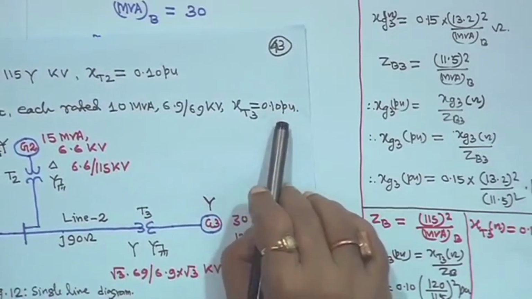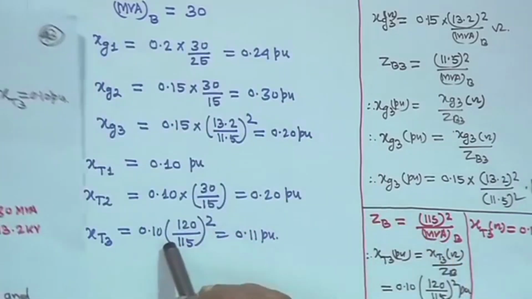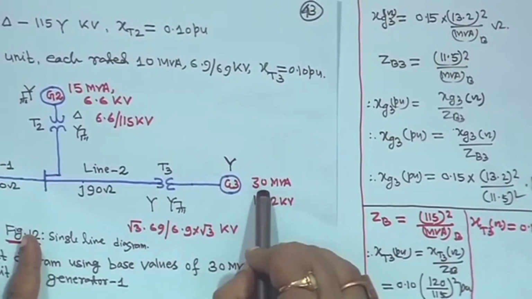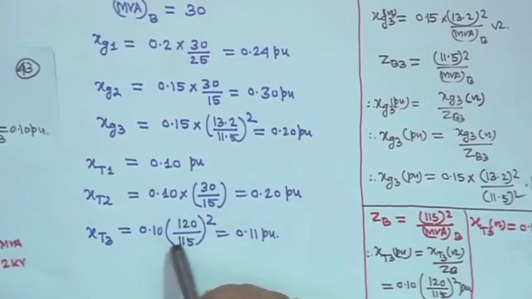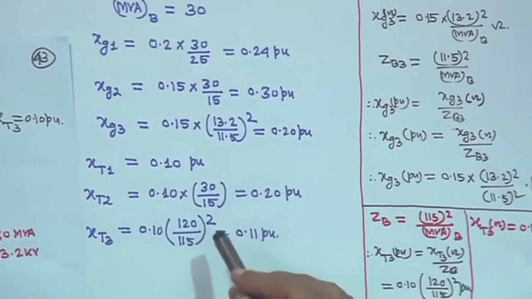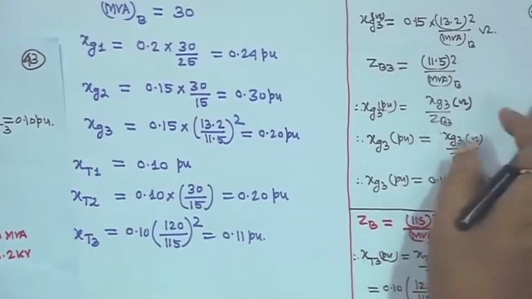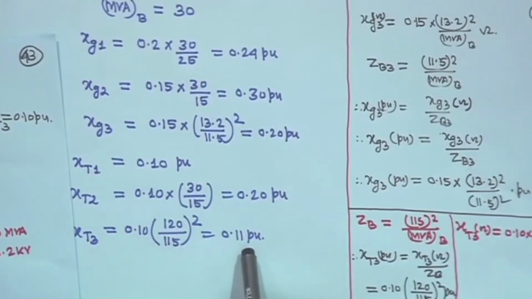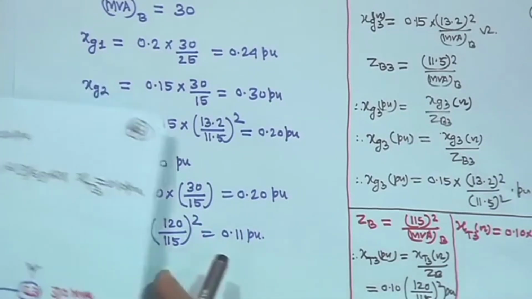Whatever is there you will take. So, XT3 is 0.10, the base MVA is 30 and the transformer rating is also 30 MVA. So, it is 0.1 into 120 upon 115 squared, same as before, and you will get 0.11 per unit. So, all these impedances you have got.